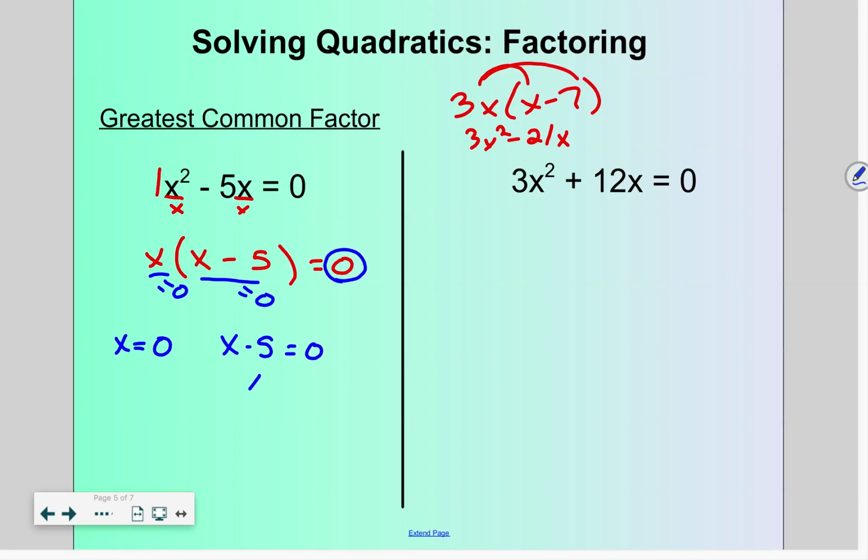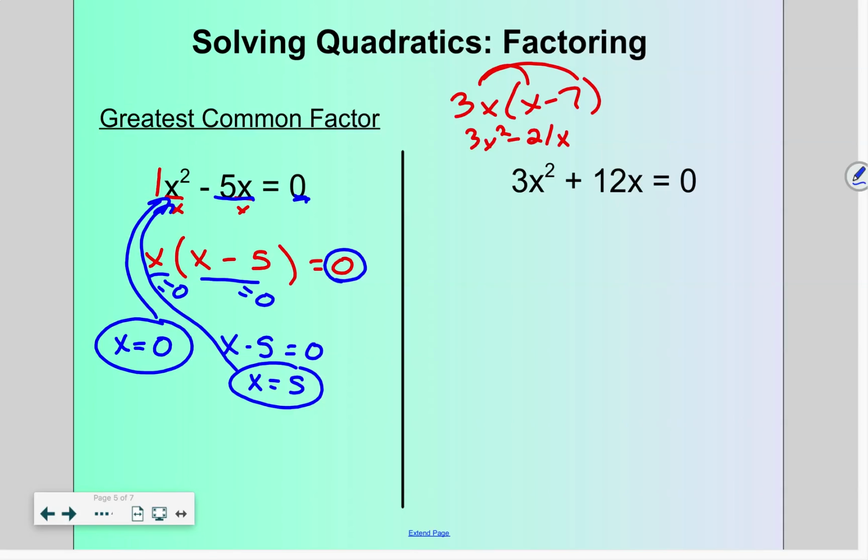Add the 5 to the other side, we get x equals 5 as our second solution. So two different answers here, and you'll notice that 0 squared minus 5 times 0 is 0, and 5 squared is 25, minus 5 times 5 is 25, we get 0. So x equals 0, x equals 5.